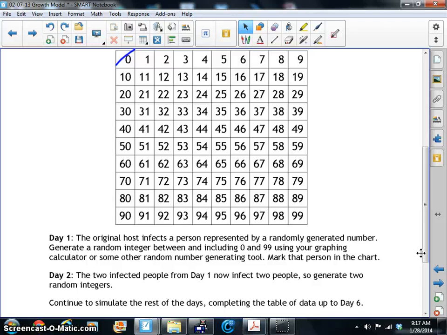Then we get into some strange lore about zombies making zombies, or does a zombie turn into a human? We don't want to talk about that. Basically, if somebody's already a zombie, they stay a zombie and they never get cured. Once a person's infected, they cannot infect themselves or a person that's already infected. We can only infect new people.